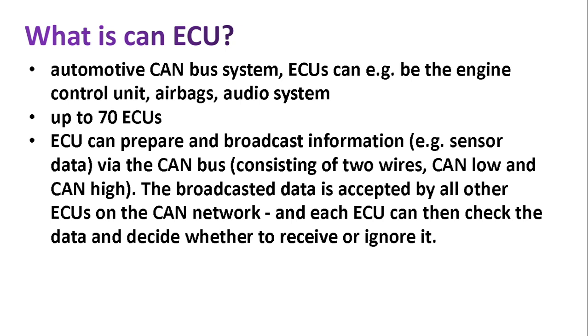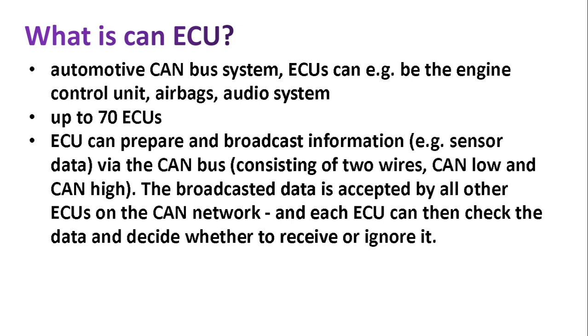If you take the example of an engine control unit, this is one of the sub ECUs. And for airbag controlling, another sub ECU is used. For the audio system, another sub ECU is used. Every feature has a sub ECU which controls these signals, right? Now next, up to 70 ECUs, meaning every car has mostly more than 70 ECUs.